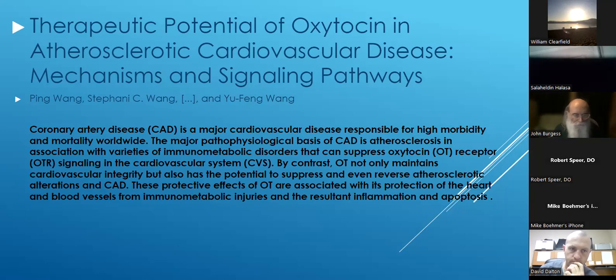I think because of the effect of oxytocin as an antioxidant, as an anti-inflammatory, it does help to manage patients with atherosclerosis. And atherosclerosis is basically that you have oxidative stress, and you have too much free radicals that will oxidize the LDL.